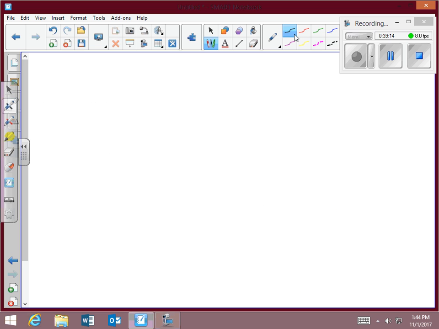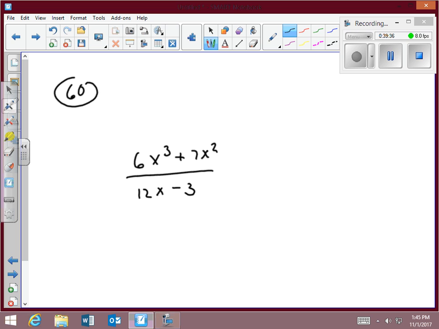Okay, I'll do another one, number 60. Now this one, the dividend, I'm going to leave it just the way it is. But I'm going to multiply and I'm going to invert that divisor so I don't have to rewrite it.